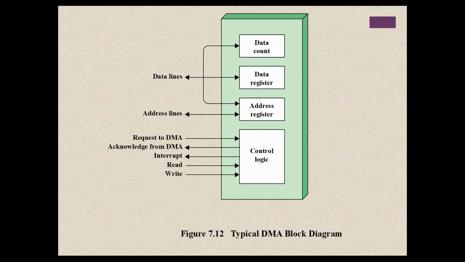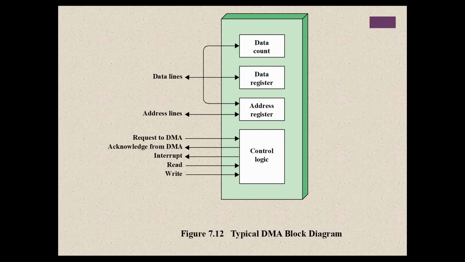The starting location in memory to read from or write to is also communicated on the data lines and stored by the DMA module in its address register. The number of words to be read or written, again, must also be communicated via the data lines and stored in the data count register.